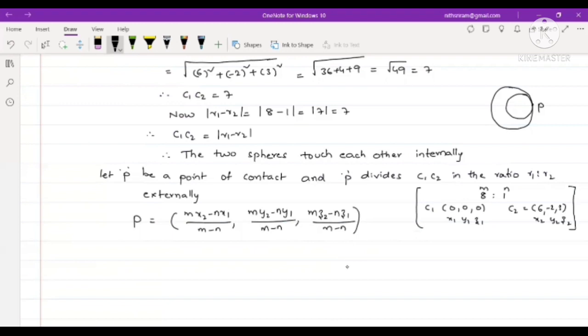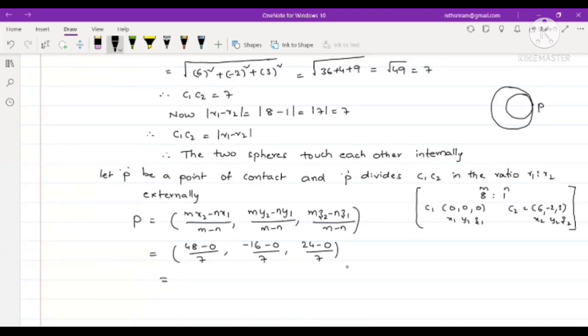Now I am substituting the values. mx2: m is 8, x2 is 6, 8 sixes are 48, minus nx1, n is 1 and x1 is 0, so we get 0, by m minus n, which is 8 minus 1, that is 7. Next, my2: 8 into minus 2 is minus 16, minus ny1, y1 is 0, so minus 0, by 7. Then mz2: 8 into 3 is 24, minus nz1, that is 0, by 7.